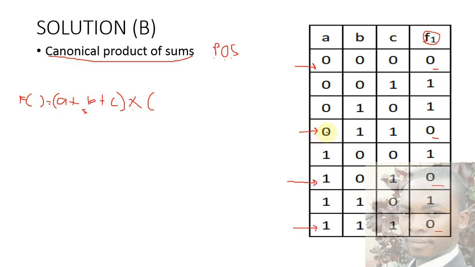So if this is 0, that means it is A, plus if this is a 1, that means I have complement B, and then plus 1, which means I have a complement C. All right, are they over?